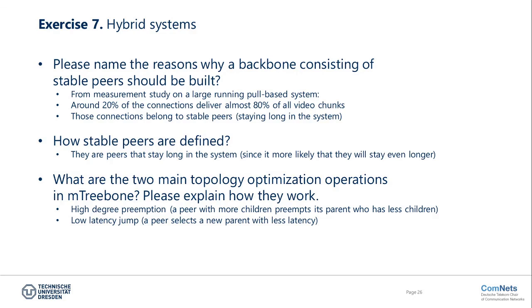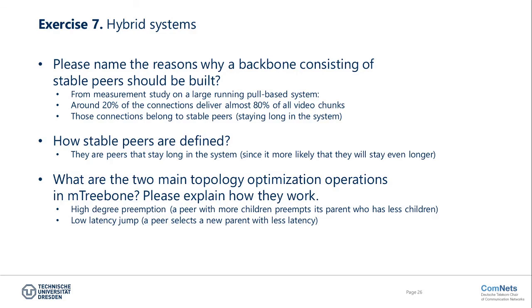The second operation is low latency jump. It means a peer will select a new parent with less latency. So in this case, peers will simply collect information about other peers, about how close or how far away a particular peer is located from the source.